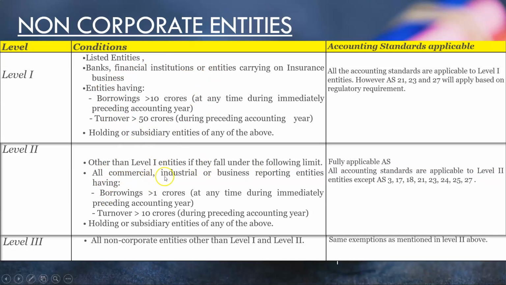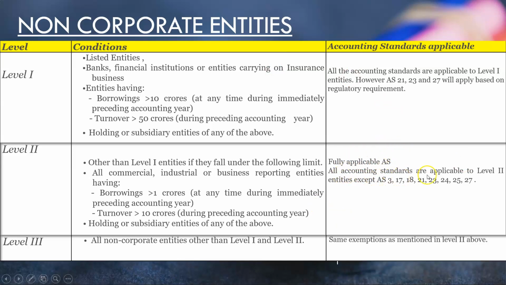Also, all the commercial, industrial or business operating reporting entities that have borrowings of greater than 1 crore at any time during the preceding accounting year, and turnover greater than 10 crore during the preceding accounting year, or holding a subsidiary, that means you are being controlled or you are in control of any of this entity of level 2, then you have full applicability of the accounting standards.